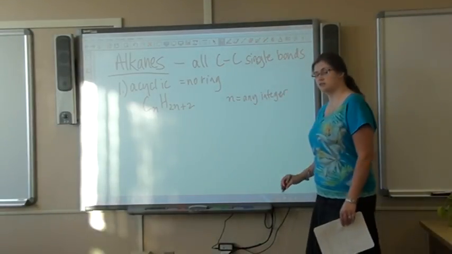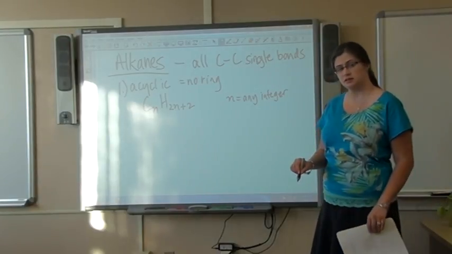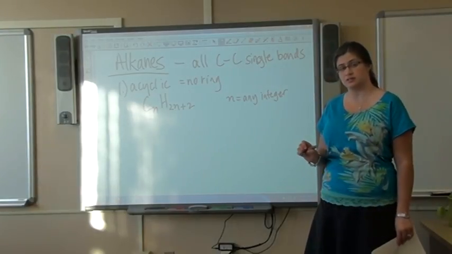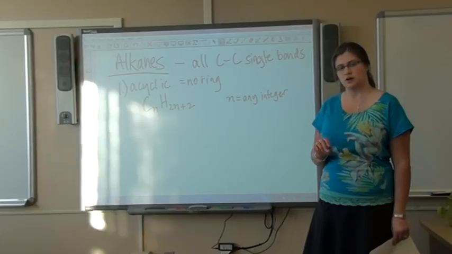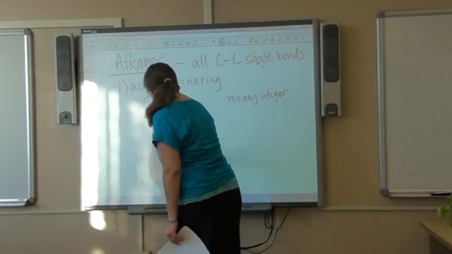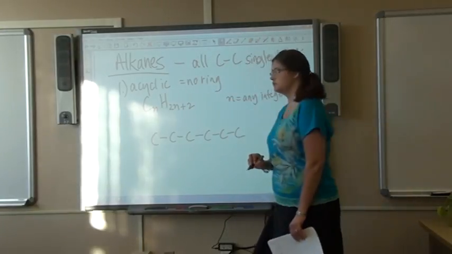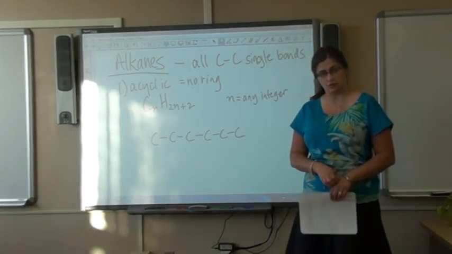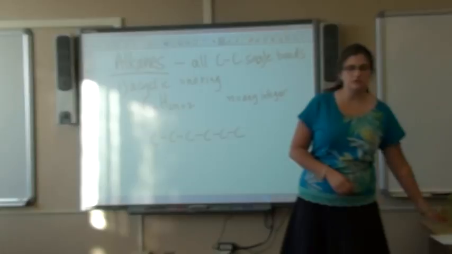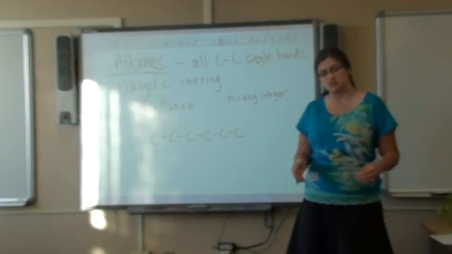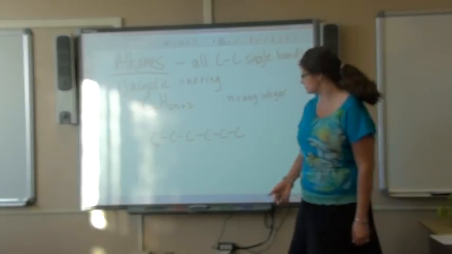So for example, if your chain has 6 carbons, that means that you will have 14 H's. Let's talk about that. If you have a chain of 6 carbons, you will have 14 H's. All of your carbons have to have H's surrounding them so that they can have 4 bonds.